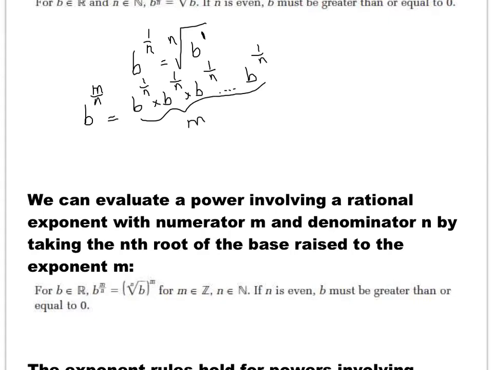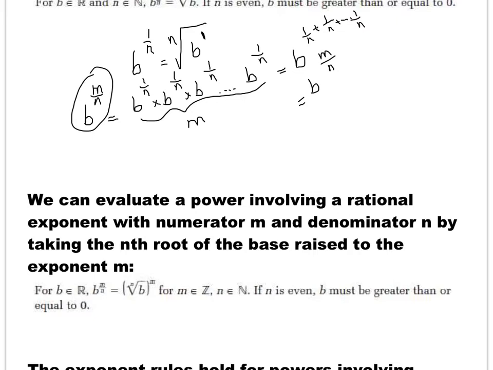Remember that when the bases are the same, you are going to add exponents. So if I add all these together, I'm going to get b exponent 1 over n plus 1 over n plus 1 over n, which is b exponent m over n, which is exactly the same thing that we started with.